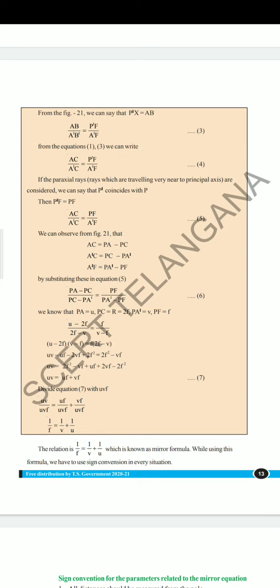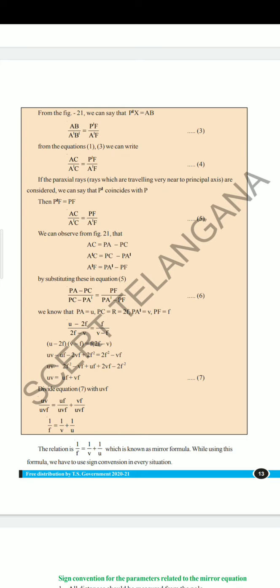If the paraxial rays which are traveling very near to the principal axis are considered, we can say that P' coincides with P. Then P'F equals PF. AC by A'C equal to PF by A'F. Equation 5.